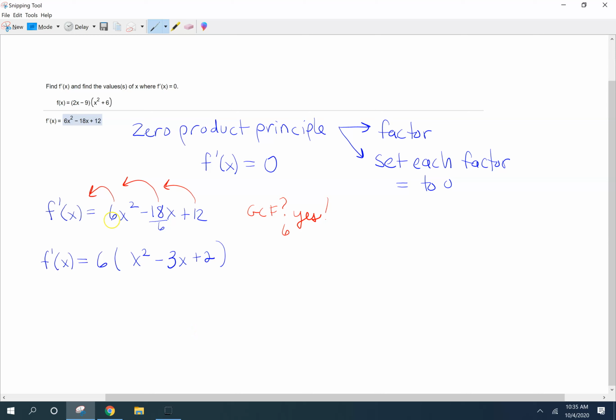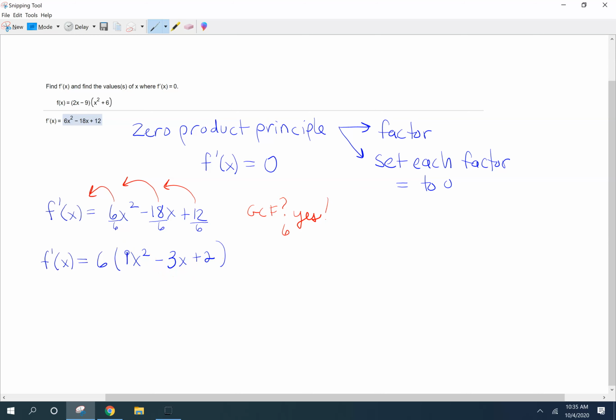There we go. Okay, so if you're factoring out, you're doing the opposite of multiplication. If I'm factoring out a 6, 6 divided by 6 is 1, so there'd be a 1x squared left. 18 divided by 6 is 3, so there'd be a 3x left, and 12 divided by 6 would be a 2.